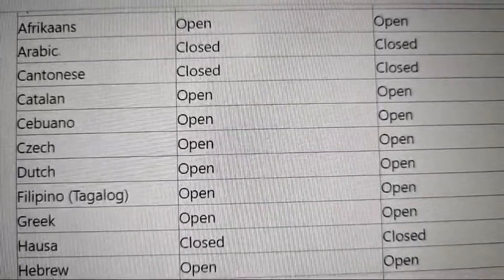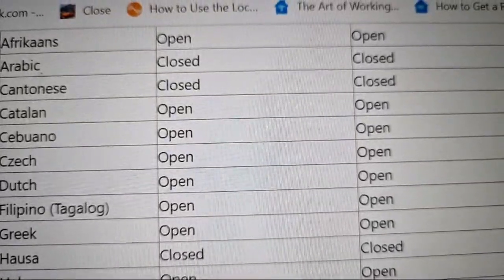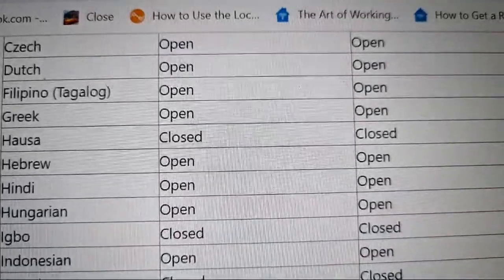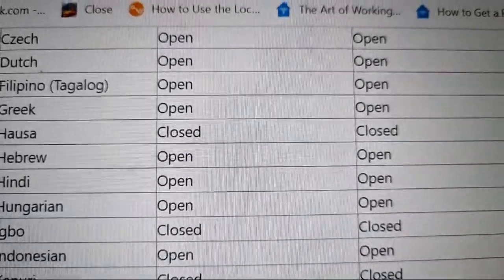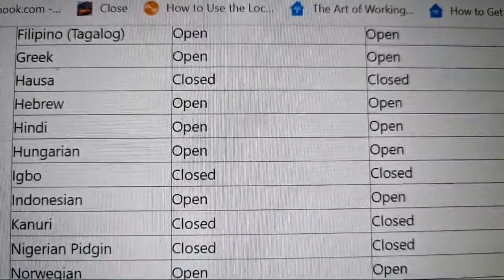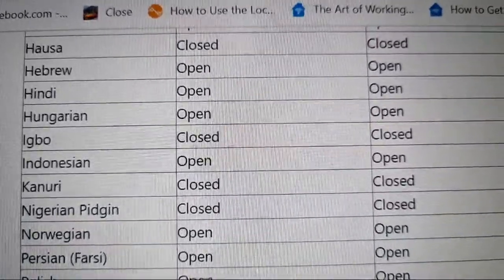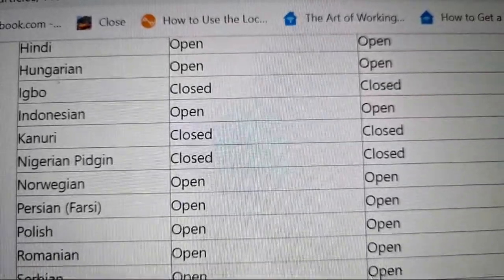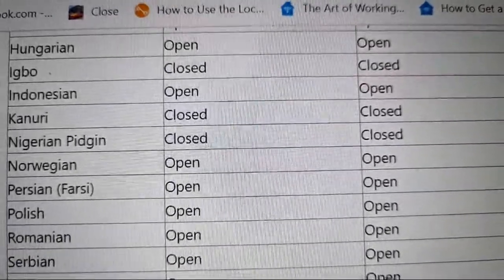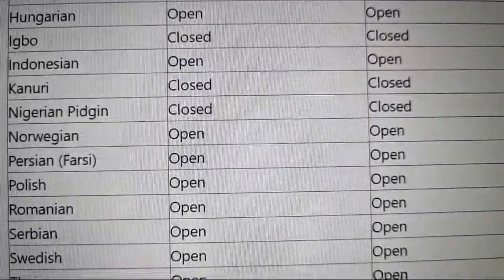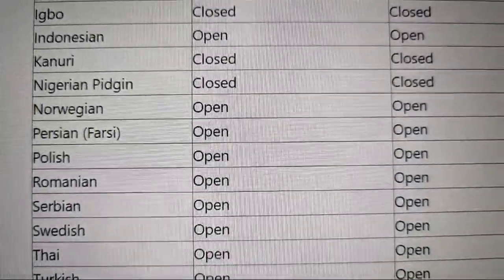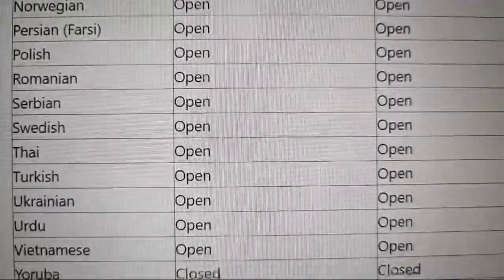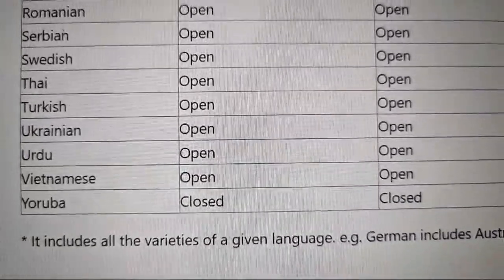Catalan is open. Cebuano, this is for Philippines people. Czech, Filipino. Hausa, I think, is an African language, is closed. Hindi, Hungarian. You can see Igbo is closed. Indonesian is open. Kanuri, Nigerian Pidgin is closed. Norwegian, Persian, Polish, Romanian, Serbian, Swedish, Thai, Turkish, Yoruba.